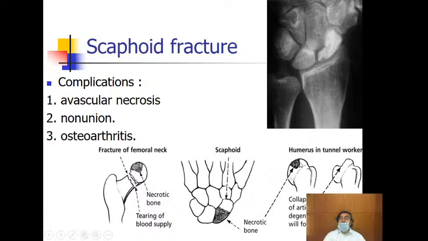And even in humerus, sometimes you may have a necrotic area because of the loss of blood supply, which will lead to avascular necrosis. So these are some of the areas where this avascular necrosis is quite common. So whenever a fracture occurs in these areas, you should be more than careful to see that your management is proper and your treatment is adequate to prevent this complication.